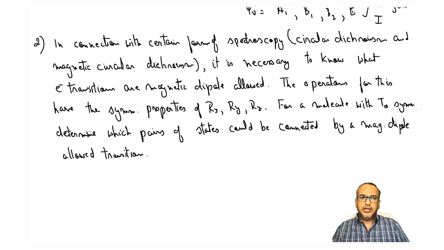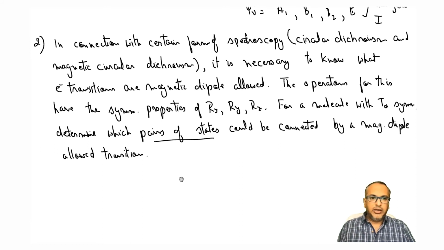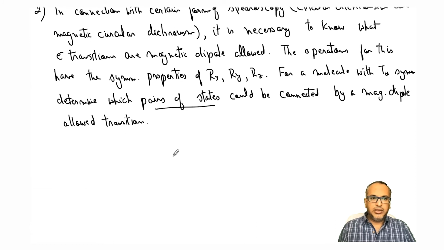So now they are asking that if the operator for this has the symmetry properties of Rx, Ry, Rz, for a molecule with Td symmetry, let's say methane, determine which pair of states could be connected by a magnetic dipole allowed transition. When they are asking which pair of states, that means they are asking what will be the symmetry of those states which can be connected by a magnetic dipole allowed transition. So the first thing is to set up the integral. The integral will be the same.